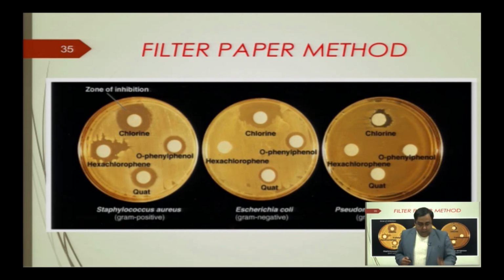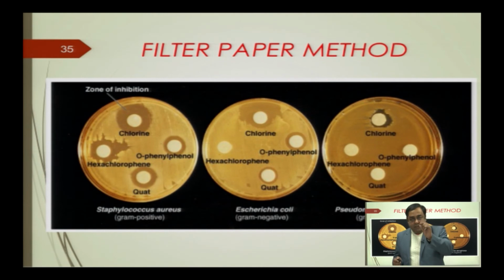So the activity of the chemicals is highly specific in terms of the microbes as well as in terms of the chemical selected. That is, from one chemical to the other, the spectrum varies.